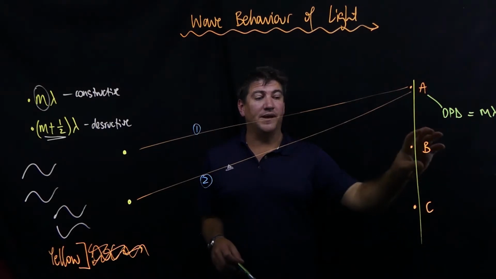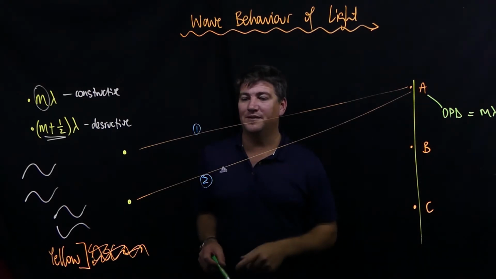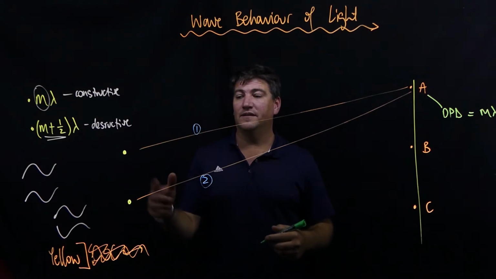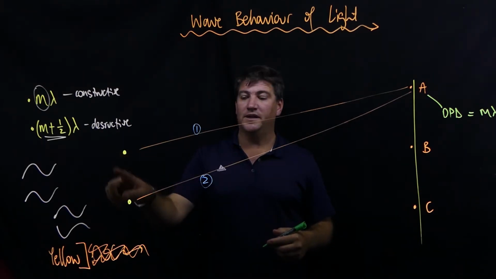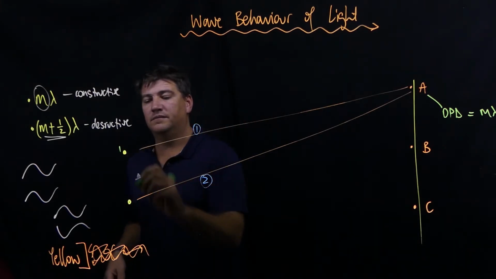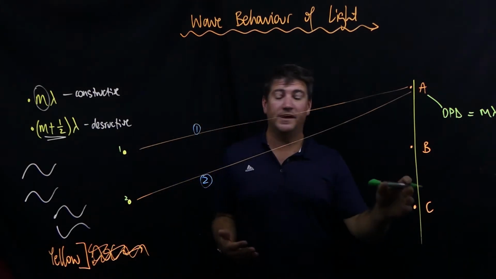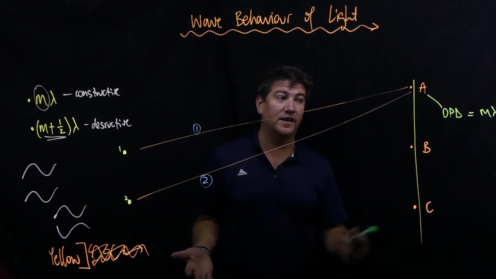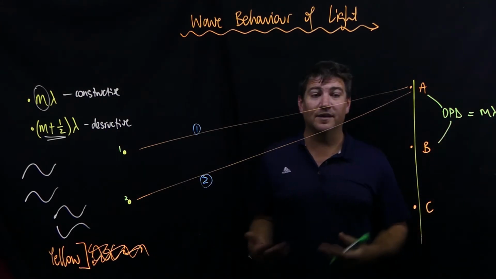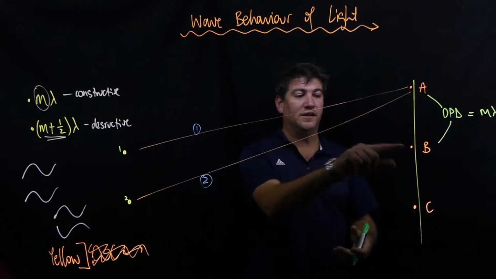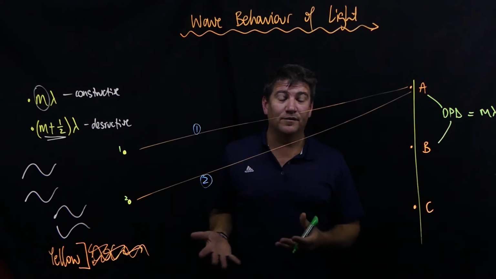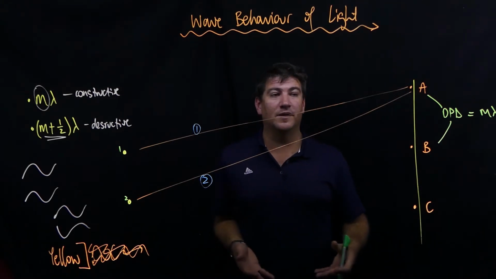Now B is supposed to be in the middle, and it's pretty close. So you can imagine that if we went from point 1 to B and point 2 to B, they would end up going the exact same distance. They would meet in the middle, so the optical path difference there would still be an integer number of wavelengths.